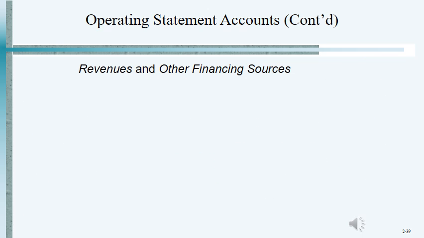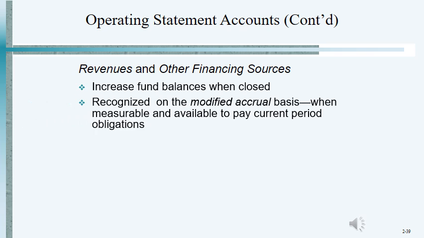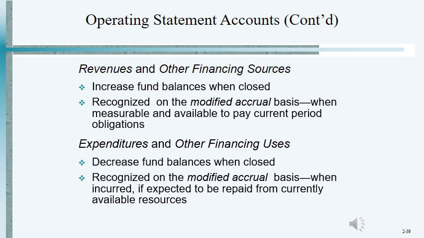It's very important that we understand how our revenues, our other financing sources, our expenditures, and our other financing uses affect fund balance. Since fund balance is like retained earnings, our revenues will increase our fund balance.